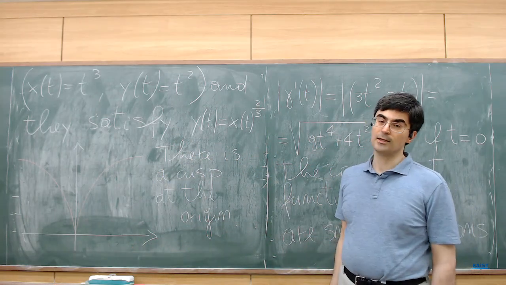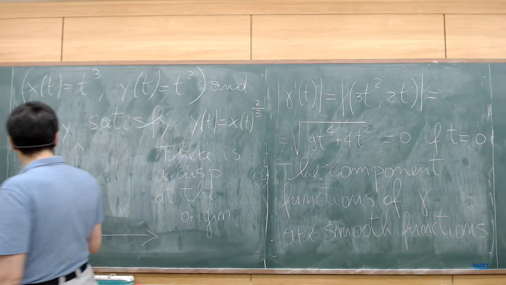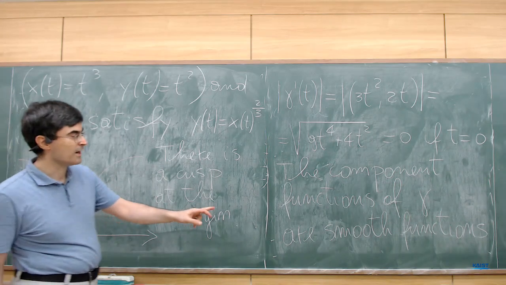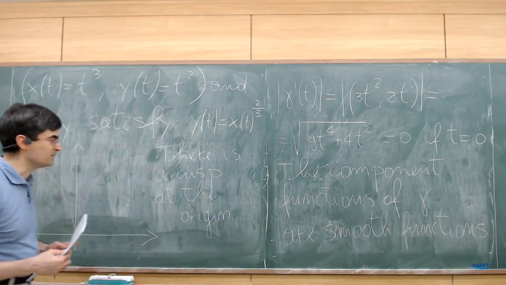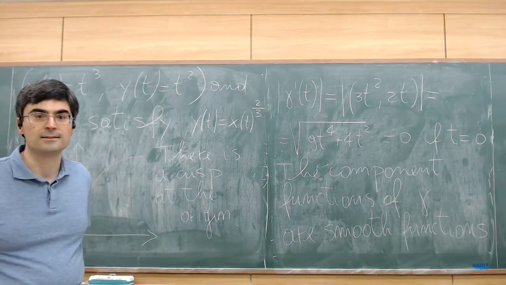This example is interesting because the trajectory has a sharp point at the origin, even though the component functions are smooth. This is a property that non-regular curves can have. For today, that's all. Thank you for your attention.